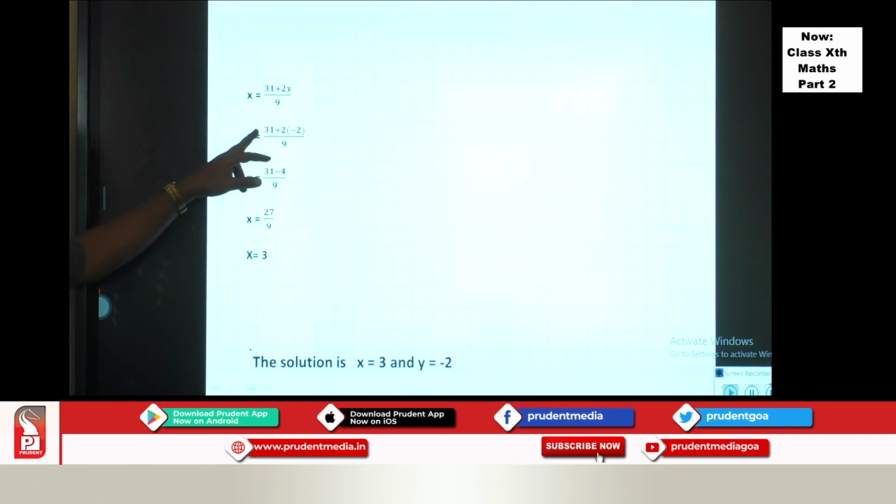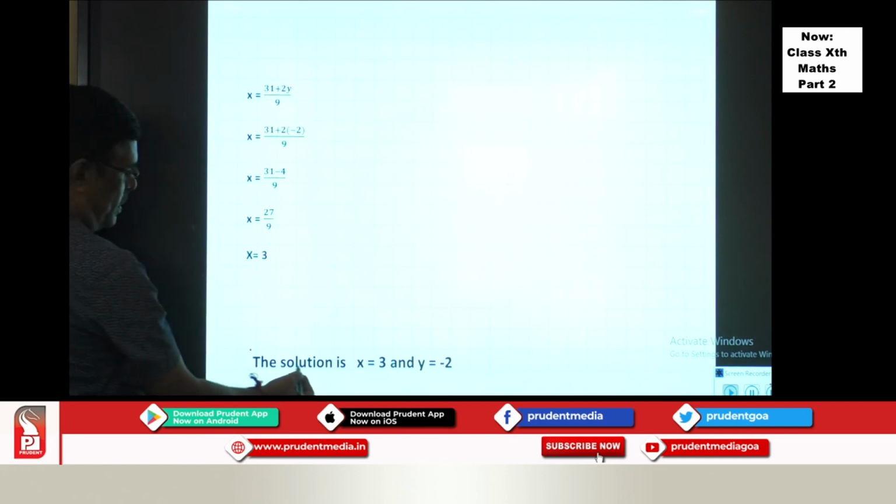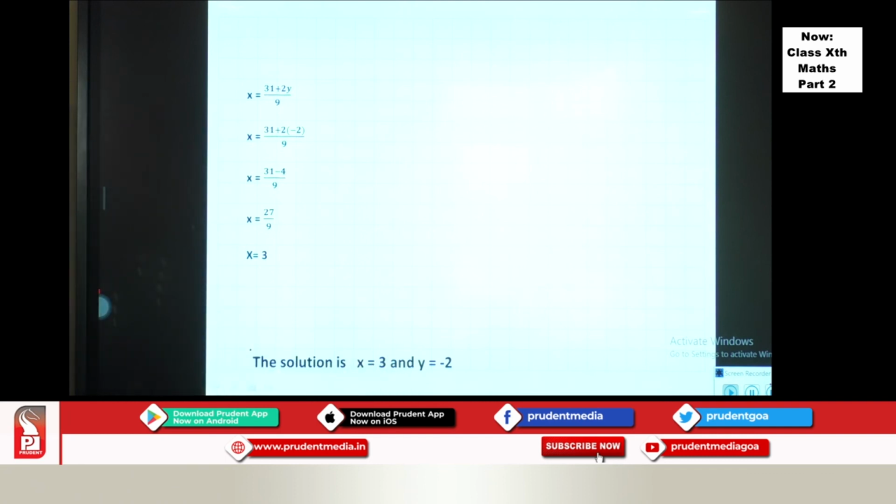Now x is equal to 31 plus 2, value of y is minus 2, so it is upon 9. Now 31 plus into minus minus, 2 2s are 4 upon 9. 31 minus 4 is 27, 27 upon 9 gives me value of x is equal to 3, and finally we write therefore the solution is x is equal to 3 and y is equal to minus 2.